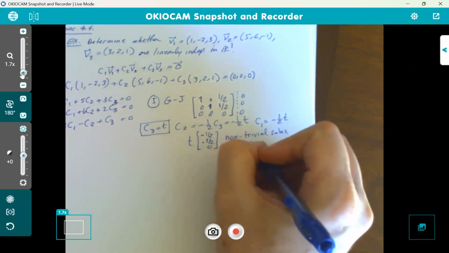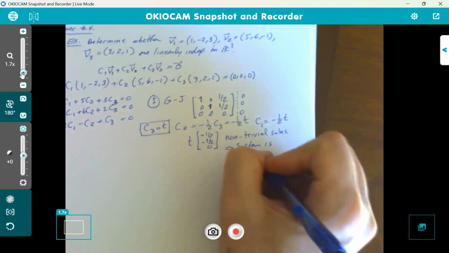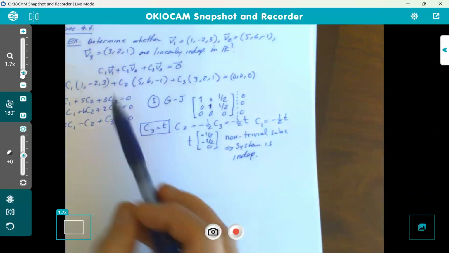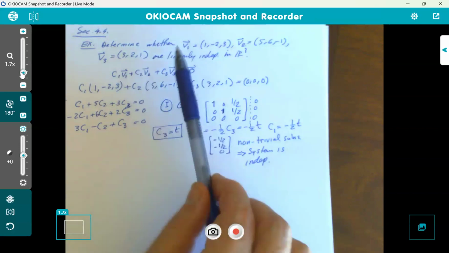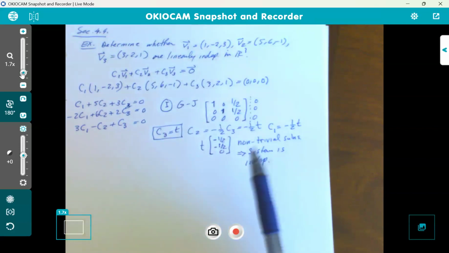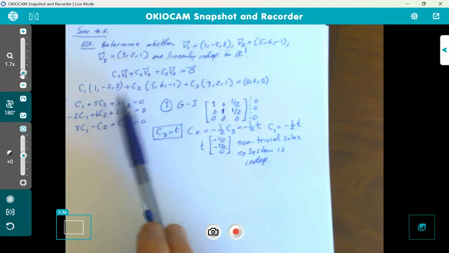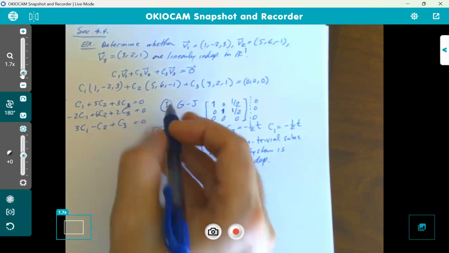Therefore, we can answer the question: these three vectors are linearly dependent in R3. That means you can write one as a linear combination of the others. Okay, so that's one method.